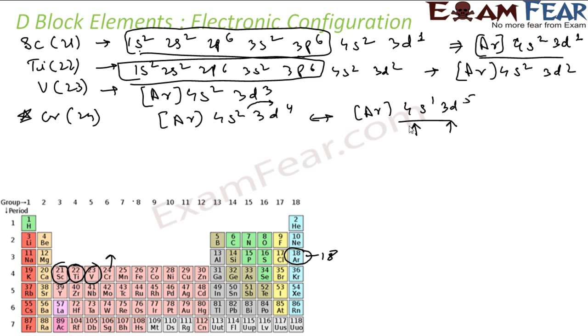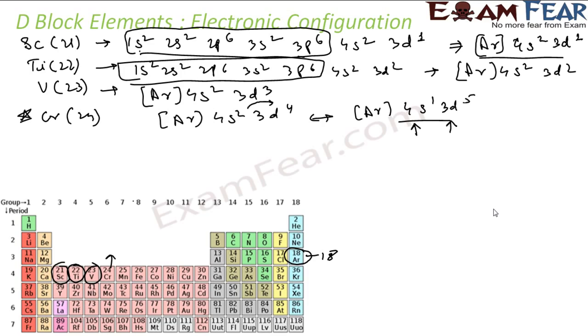And there are different schools of thought for this. Some people say that when you talk about the energy of the orbital, the above principle holds true for smaller numbers of electrons, smaller atomic number atoms. But actually the energy of an orbital depends on a lot of factors.